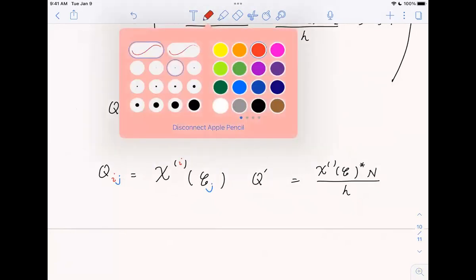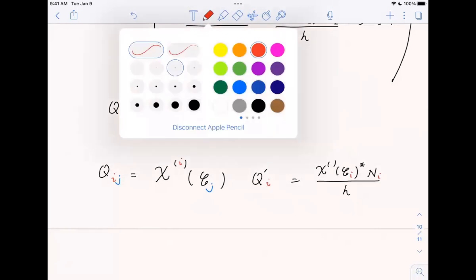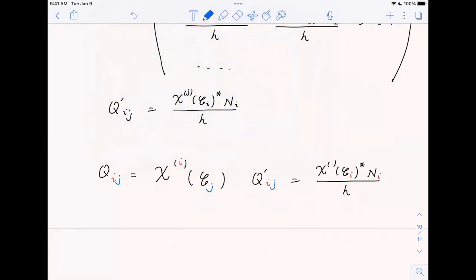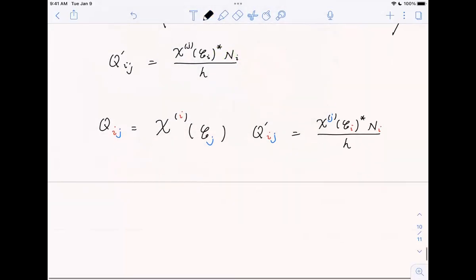This is the I, but the I is here. This is the J and the J is here. So the index is somewhat swapped. Okay, so why do we define these two? We want to see the product. Suppose you have Q and Q prime together. And what is the ij element of this matrix?